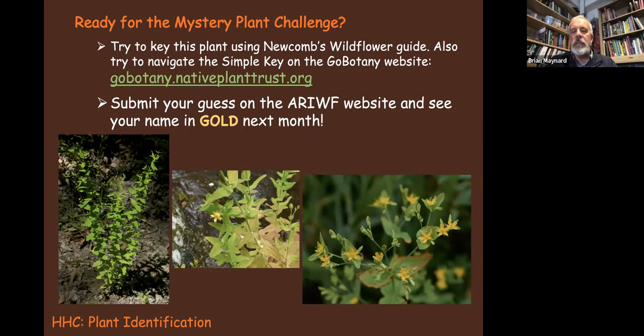You should be able to key this plant out using that. We'll go through this using the Go Botany website and the simple key as an example during our live Zoom meeting. If you have any questions about how this works or your experience with this, feel free to bring these questions to our in-person meeting. Then submit your guess on the Among Rhode Island Wildflowers website, and see your name engraved in gold next month.